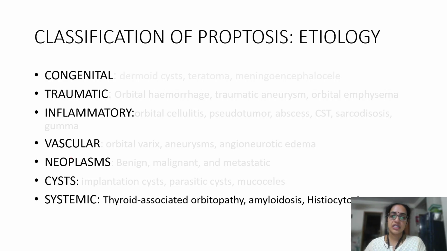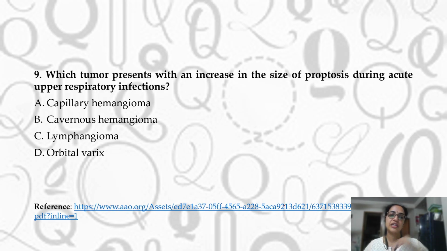In systemic conditions, the proptosis can be bilateral. Most common cause of unilateral and bilateral proptosis is thyroid associated orbitopathy, also known as TAO, Graves ophthalmopathy or thyroid eye disease. So these are the synonyms. Then you can have amyloidosis and histiocytosis rarely.